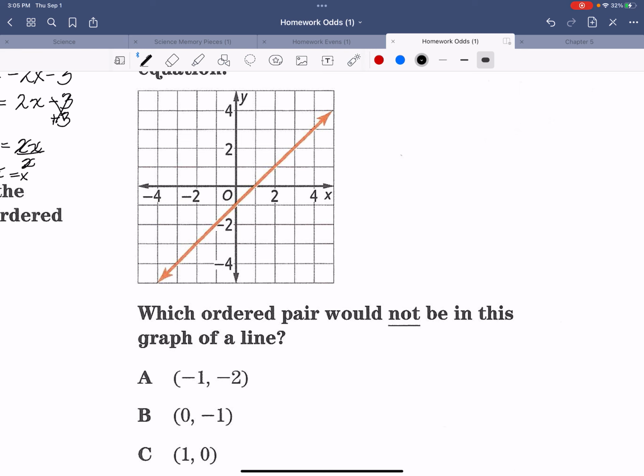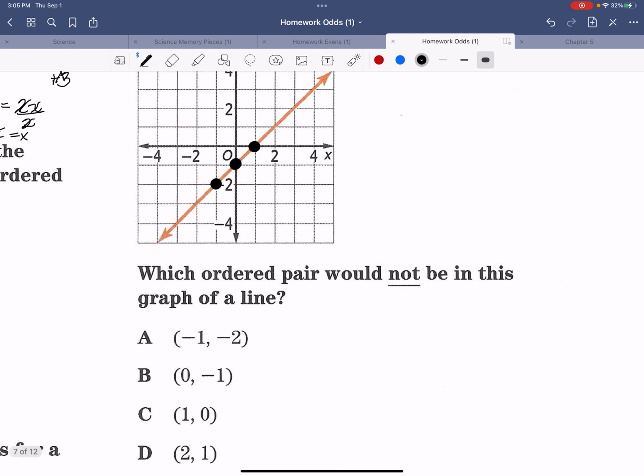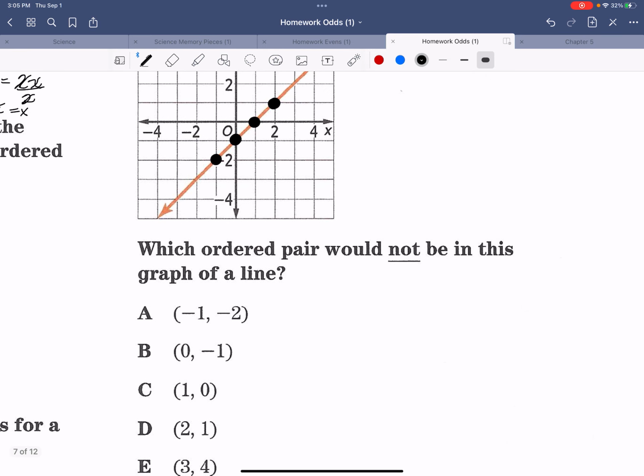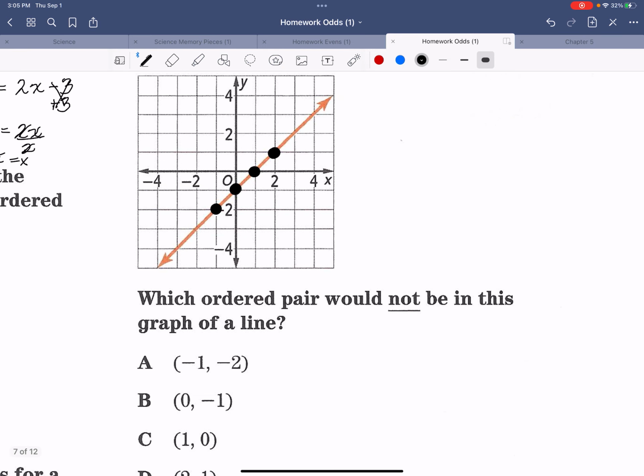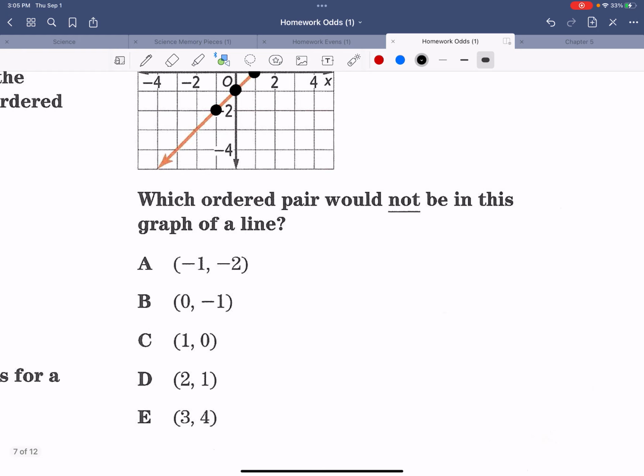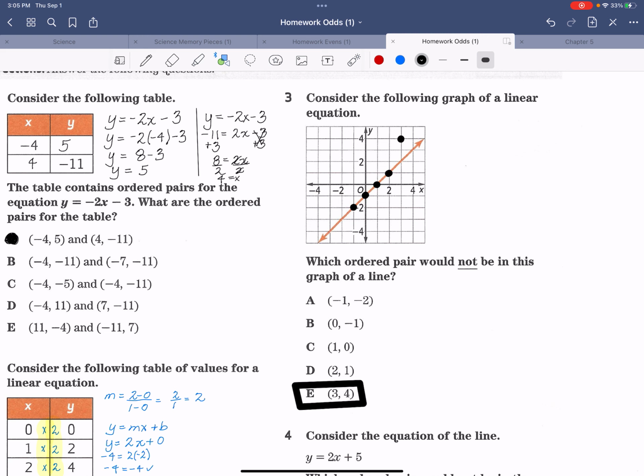So -1, -2, that's on the line. 0, -1 is on the line. 1, 0 is on the line. 2, 1 is on the line. 3, 4 is not on the line. So that's the one that is not on the line. I could do those all day. I like that one.